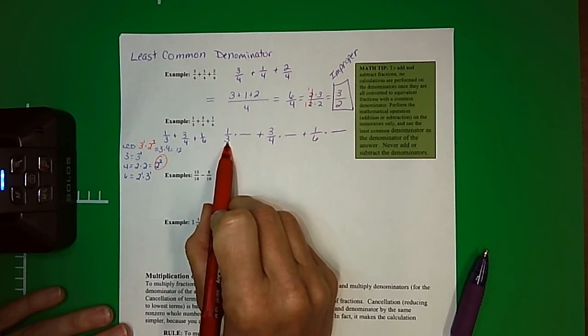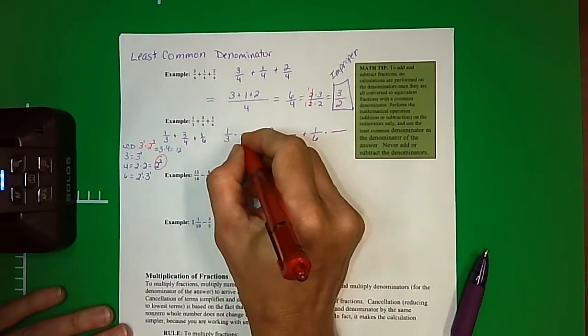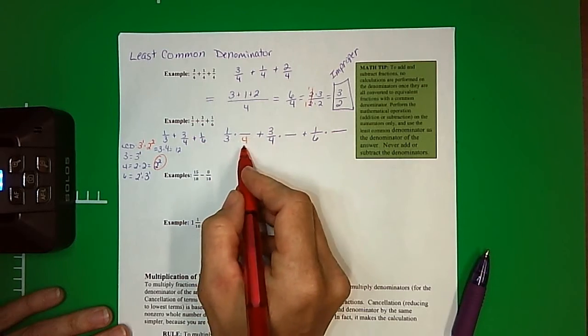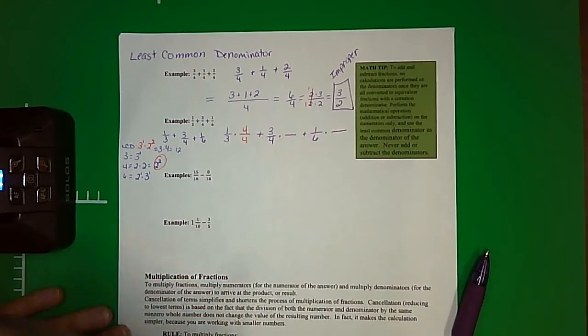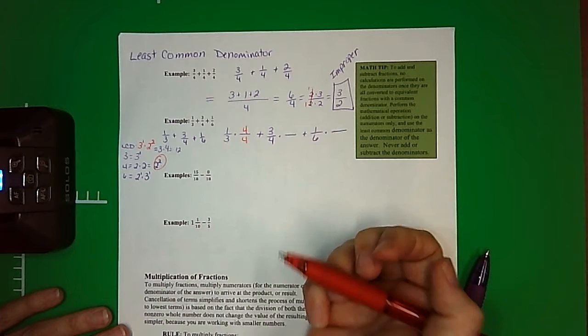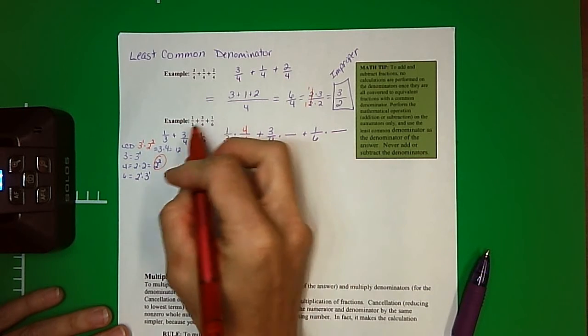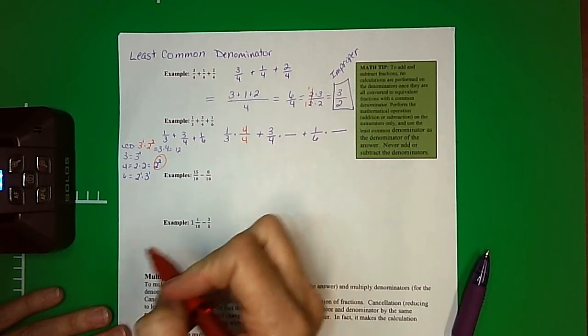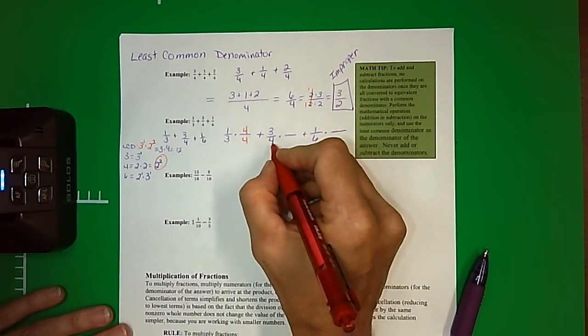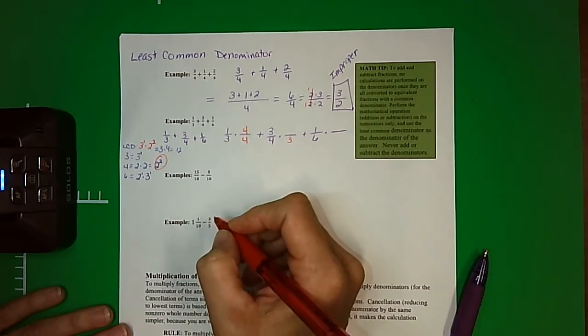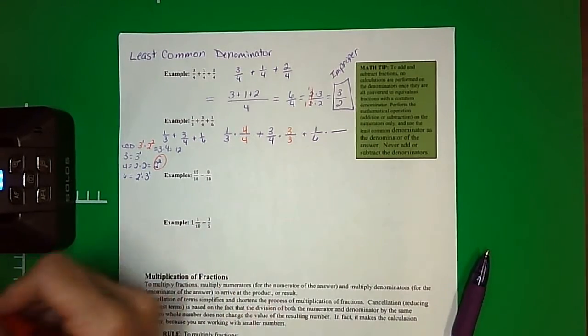So 3 times what gives me 12? Well, 4. Whatever I multiply the bottom by, I have to multiply the top because I cannot change the equation. And we agree 4 goes into 4 once, so it's 1 times 1/3. I still have the same equation. I'm just making it more workable. And then 4 times 3 is 12, so I have to multiply the top by 3.